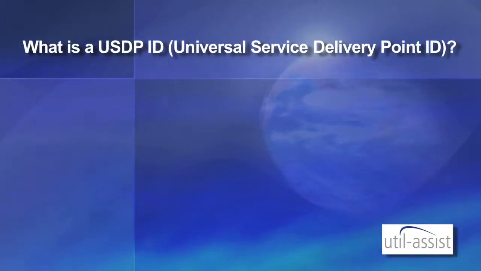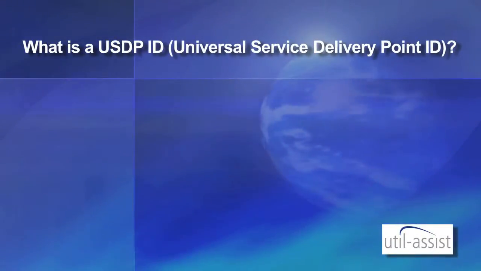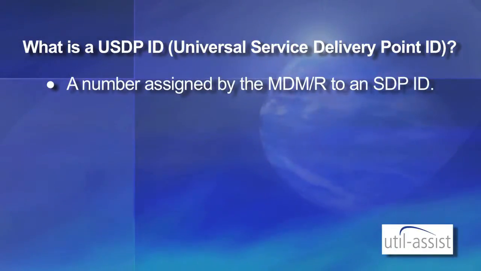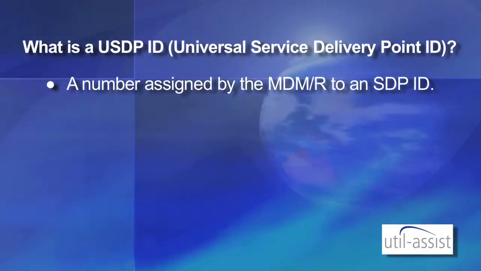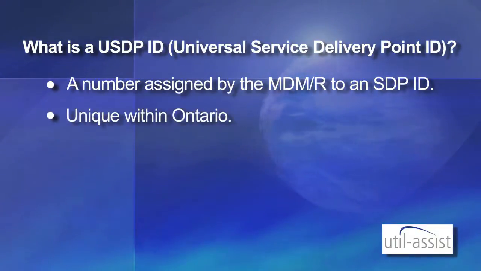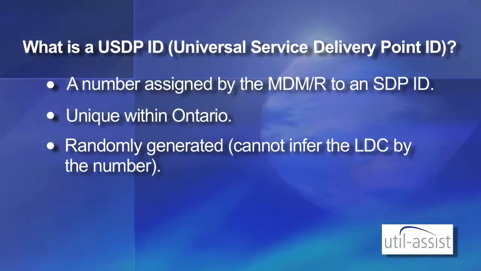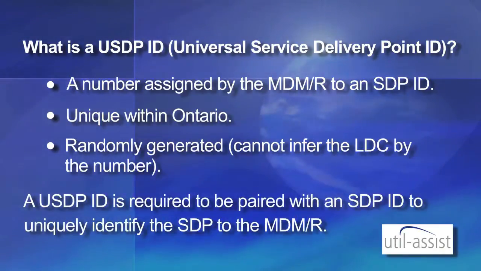What is a USDP ID, or Universal Service Delivery Point ID? A number assigned by the MDMR to an SDP ID, unique within Ontario, randomly generated, and the LDC cannot interfere with the number. A USDP ID is required to be paired with the SDP ID to uniquely identify the SDP to the MDMR.